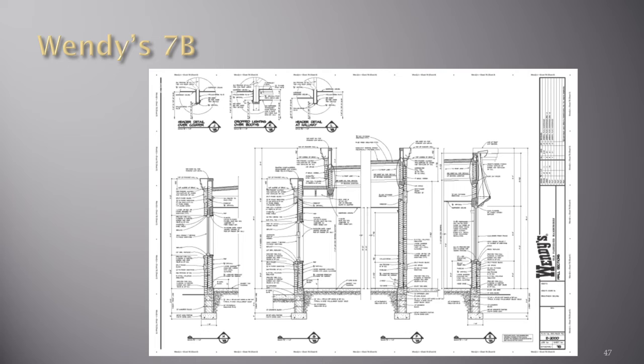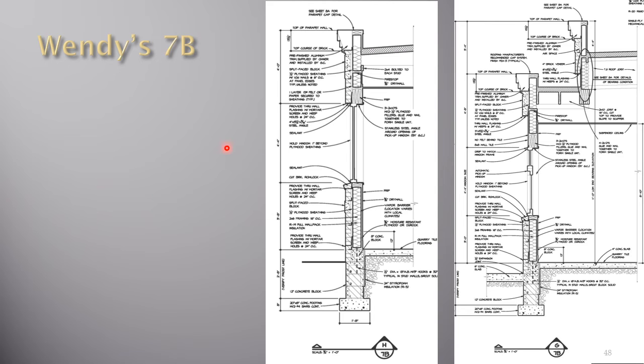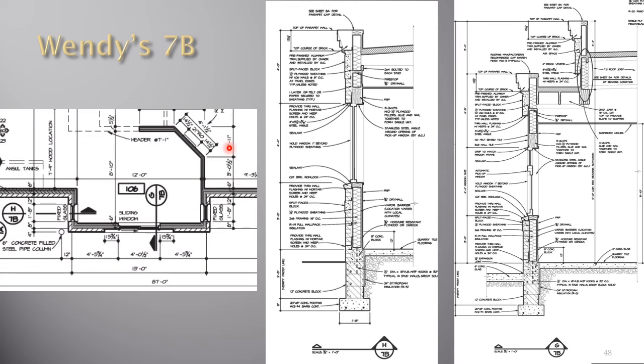On Wendy's sheet 7B, want to look at section H and section G, and here they are in greater detail. And again, going back to sheet 4, we can see where the cutting plane is, the direction it is looking, and therefore we can orient ourselves with this section on sheet 7B.